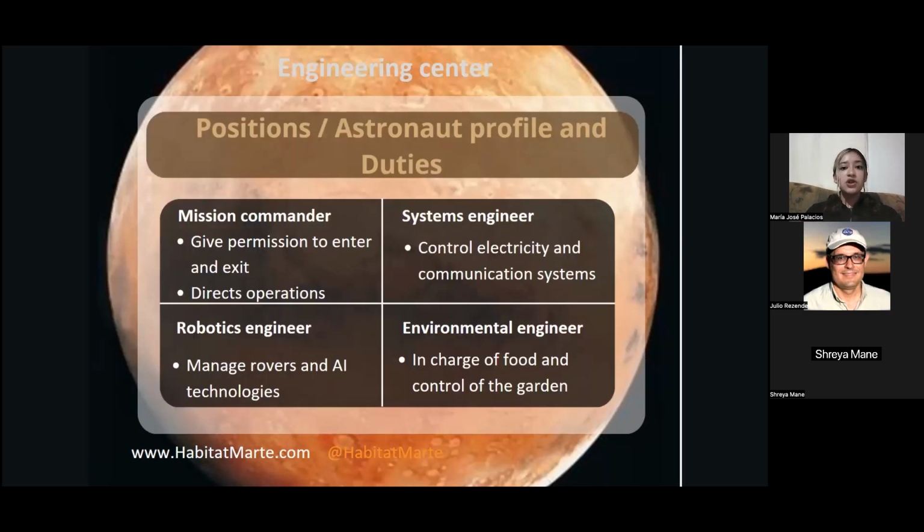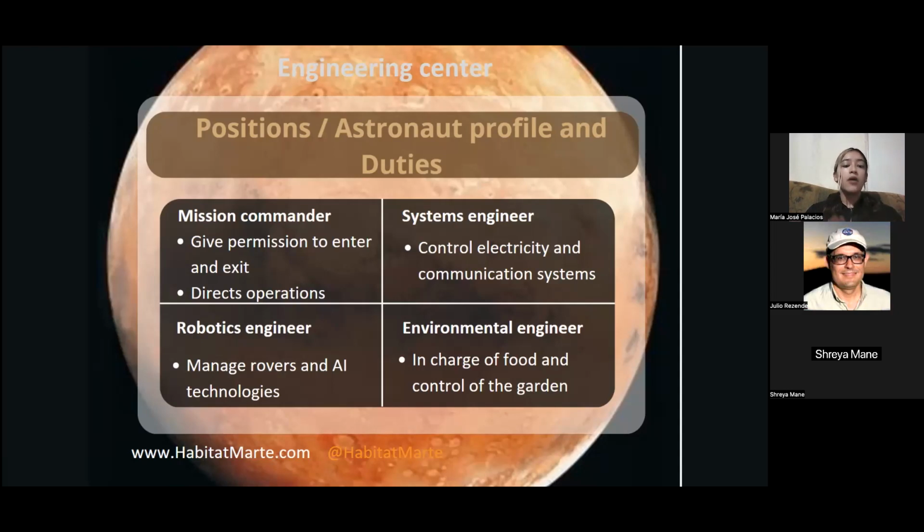The positions and astronaut profiles and duties. The mission commander gives permission to enter and exit the habitat, and he directs operations. Then we have the systems engineer. He controls electricity and communication systems.